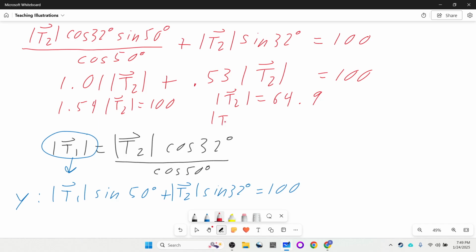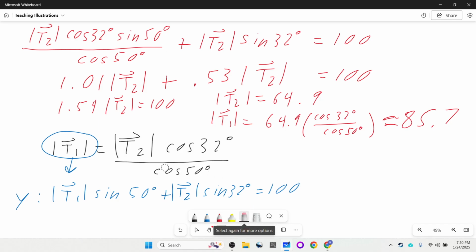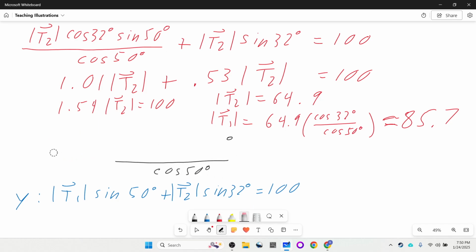And then length of T1 would be, let's plug it into this, 64.9 cosine of 32 degrees over cosine 50 degrees. Cosine 32 divided by cosine 50 gives me 85.7. I guess technically these should be approximate signs, but okay, so those are our lengths.